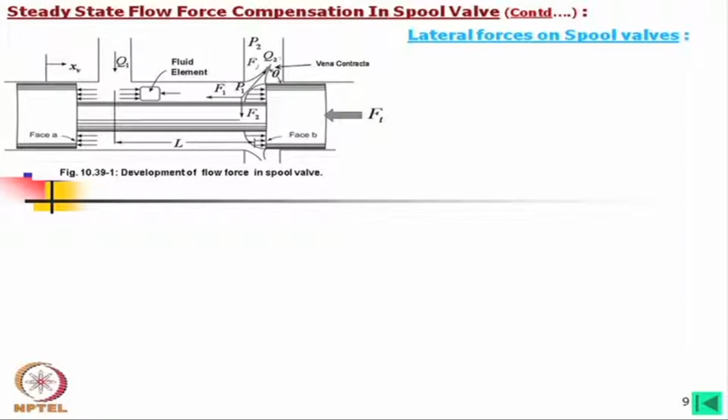Now, apart from the linear force, there is also a lateral force on the spool valve. Now, as I have described, if I consider this jet force, then it has two components, F1 and F2. F1 is the flow force which we cannot balance; we have to control this force by the drive.